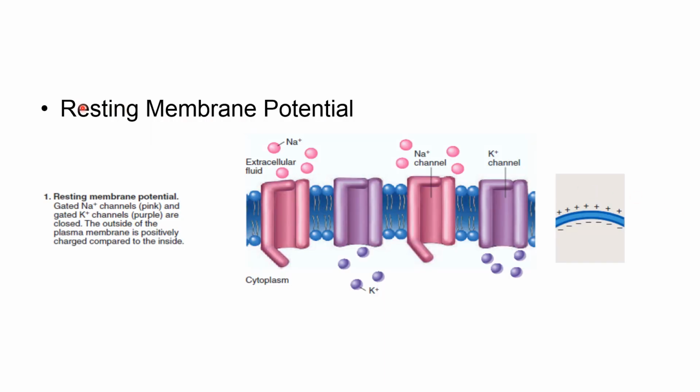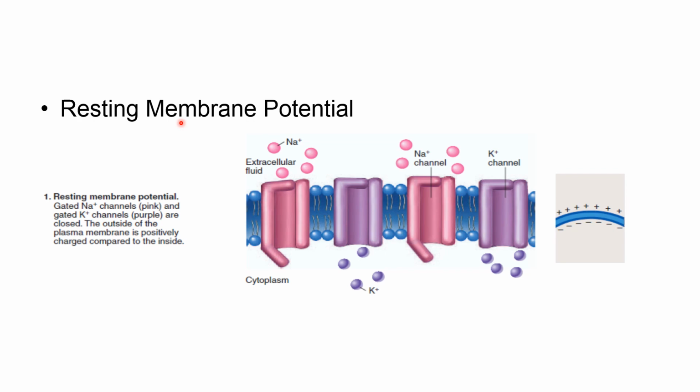Then we have to see what is resting membrane potential. As we already saw, there is a difference of charges along the membrane. So first we have to define membrane potential.